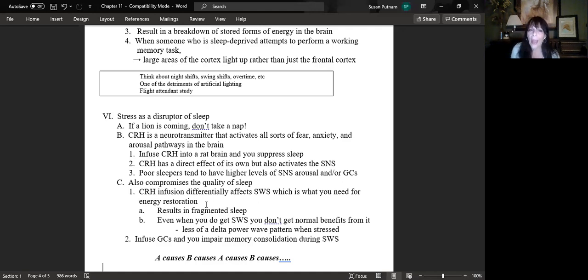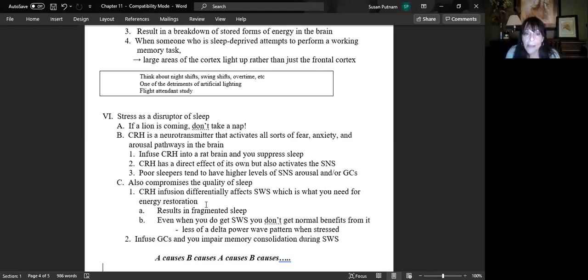Another thing that can happen with this CRH infusion or your own endogenous release of CRH is that even when you do get slow wave sleep, you don't get the normal benefits from it that you would otherwise get. Again, here comes another one of those double whammy situations.